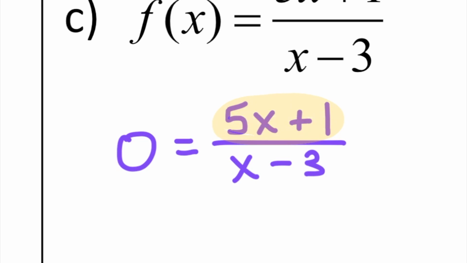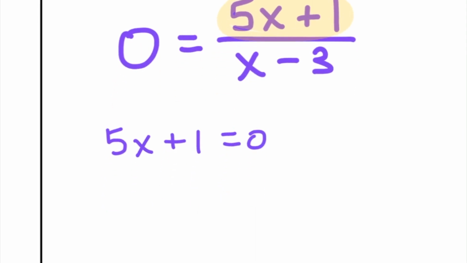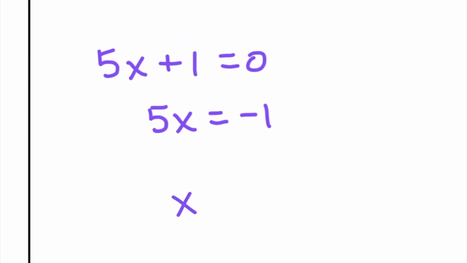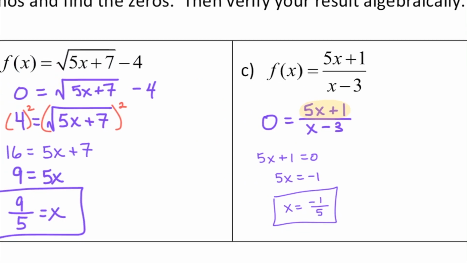So when I solve a rational function equal to 0, I'm just going to take the numerator and set that equal to 0. The denominator can't be 0, so to solve this, you set the numerator equal to 0, and then solve for that x. And there's your answer for part C.